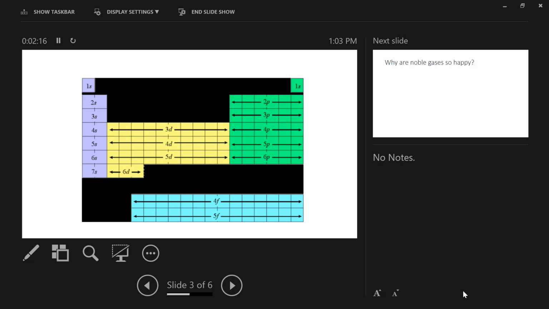And how many electrons fit in a 1s subshell? 2, because it contains one orbital, and one orbital holds 2 electrons. And then immediately after 1s comes 2s, reading left to right, top to bottom. 2s, and how many electrons fit in a 2s subshell? 2, because it is still an s subshell, which contains one orbital, and one orbital contains 2 electrons.